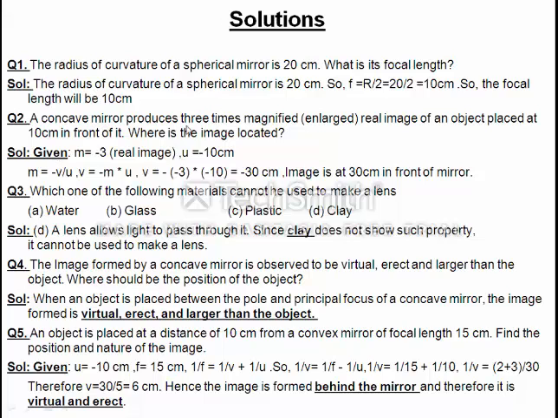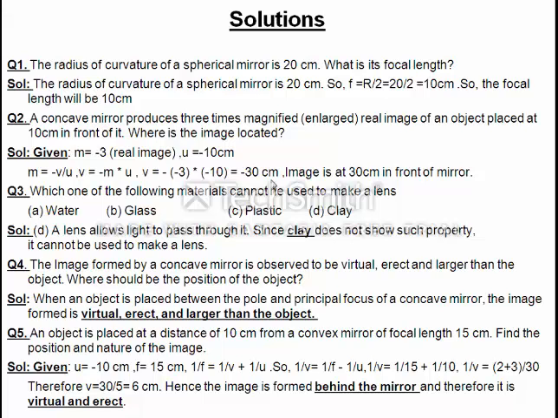So m is given, u is given. We know the magnification formula, m is equal to -v upon u, or v is equal to -m into u. M is given as -3, so minus of -3 into -10: minus becomes plus, so it will be -30 cm.